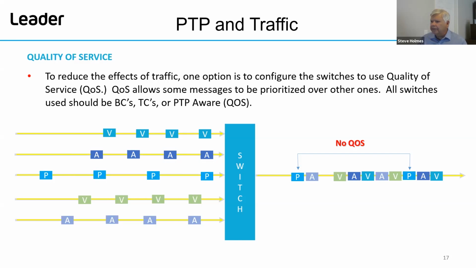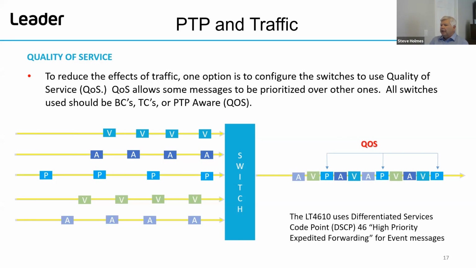You don't want to have PTP put out at too late a time, because then when you get the message, it's actually for a different timestamp point, and then you have to go back and try to correct for that timestamp point.